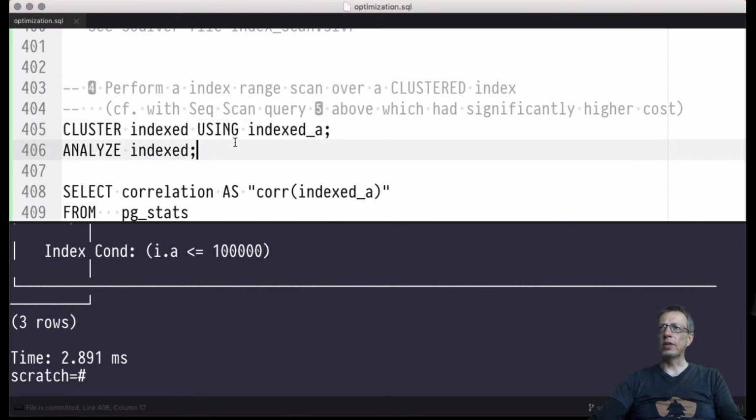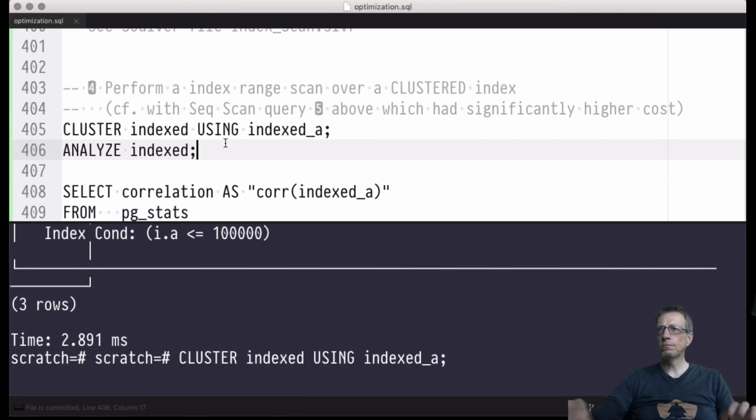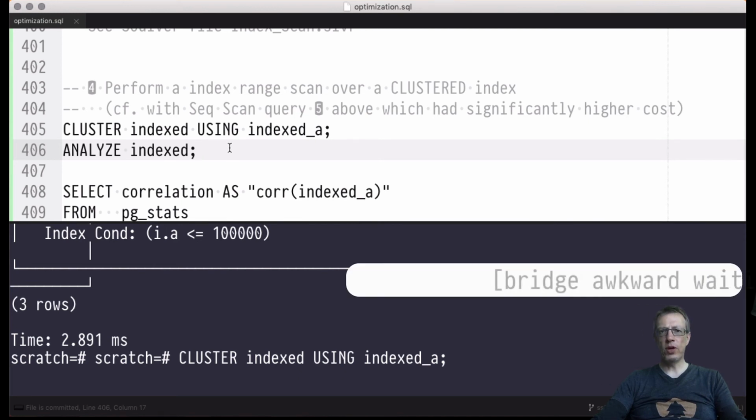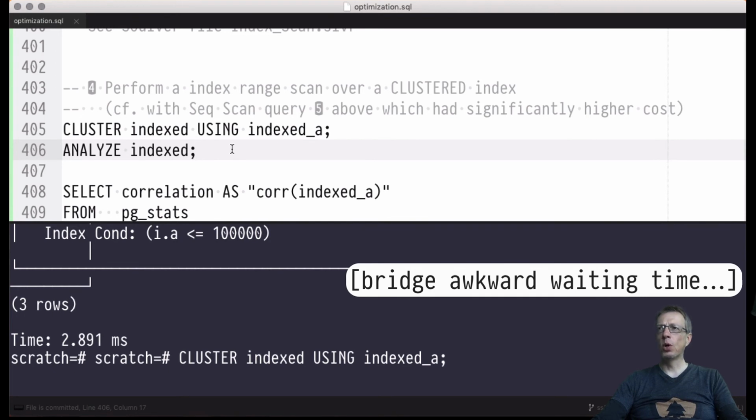And then assess all of the new file that will be written during the clustering in this analyze here. All right, so let's do that. All right, that would take some time, but it's time well invested. We will benefit later on when we evaluate queries over the table.